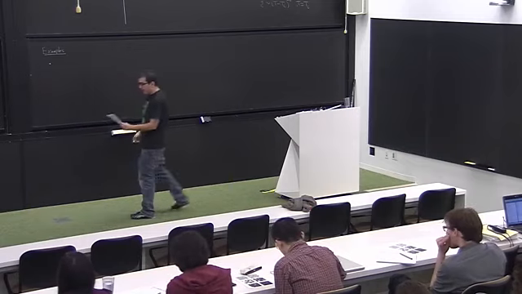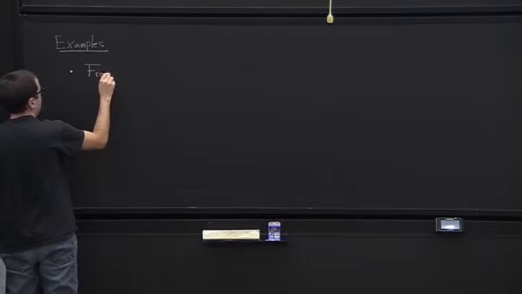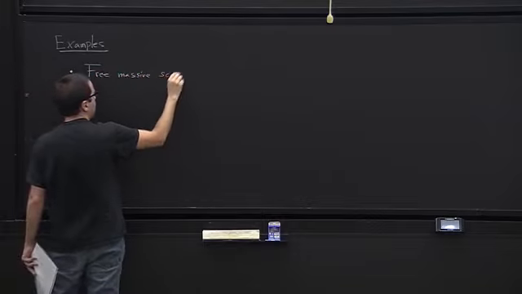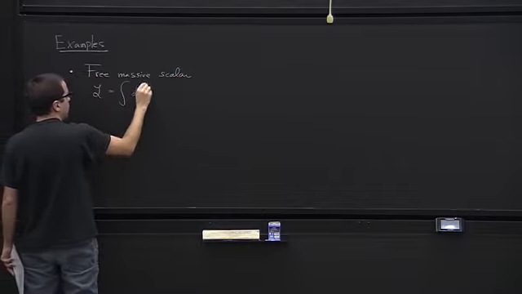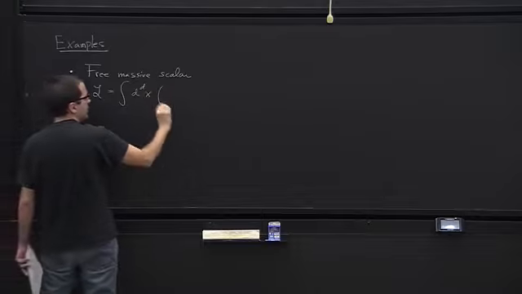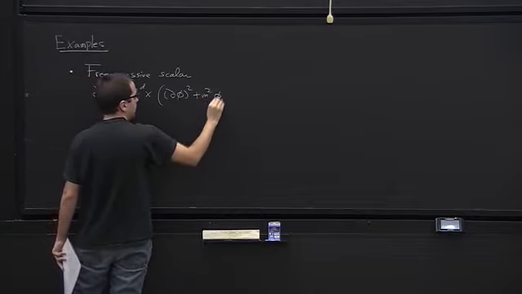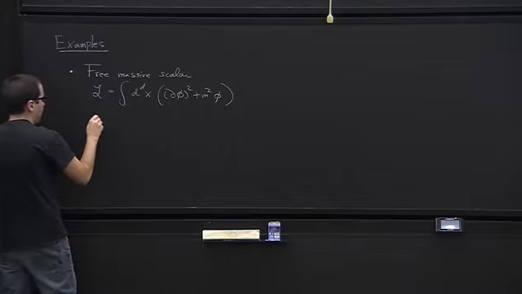Okay? So one example is to consider a free massive scalar. Our Lagrangian is just, in d dimensions, a kinetic term plus some mass. So what happens in the UV?